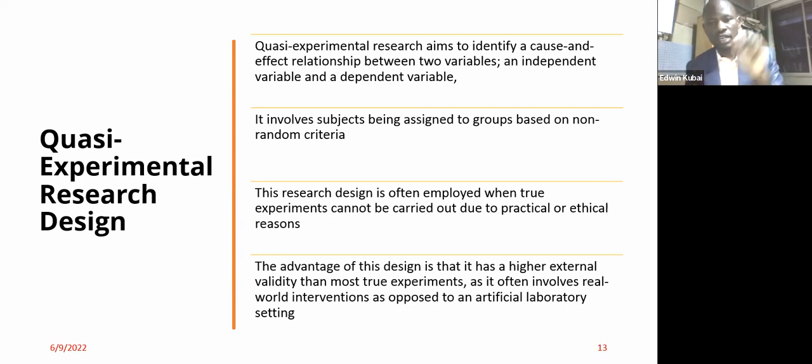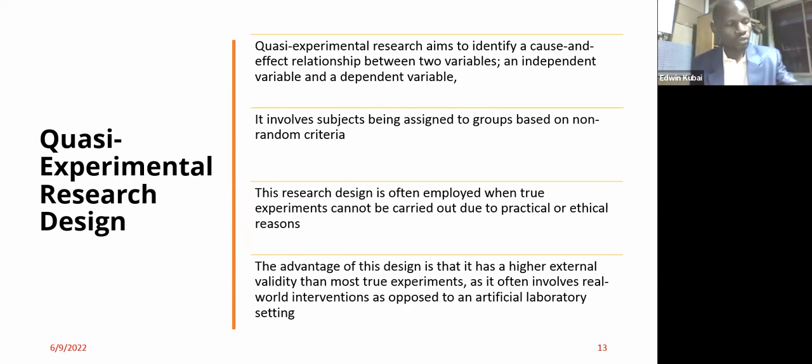Then the subjects, you assign them to different groups. You can have group 1 or group 2. The way the previous speaker was explaining in terms of two groups, he was carrying out tests using SPSS to find out if there are statistical differences between the means of these two groups. If the means are statistically significant, then you can come up with that kind of conclusion.